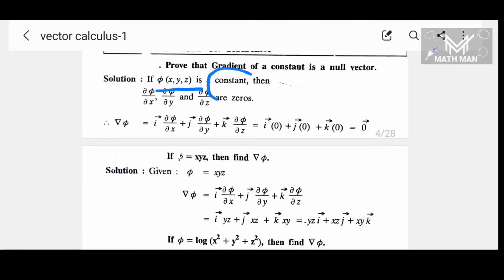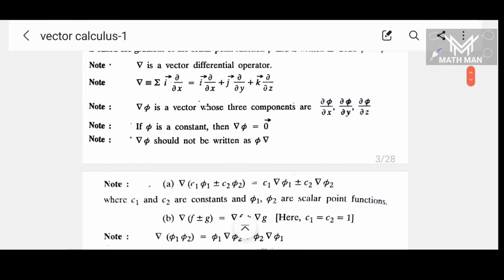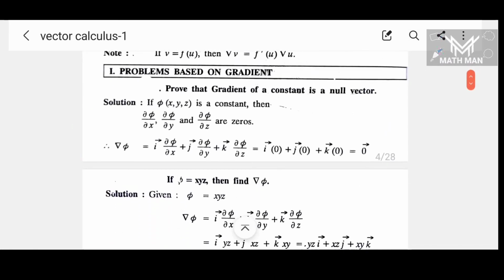But here it is given as a constant. Sorry guys, it is a constant. We have just read that the differentiation of any constant k is 0. In the same way, we will get 0 here.